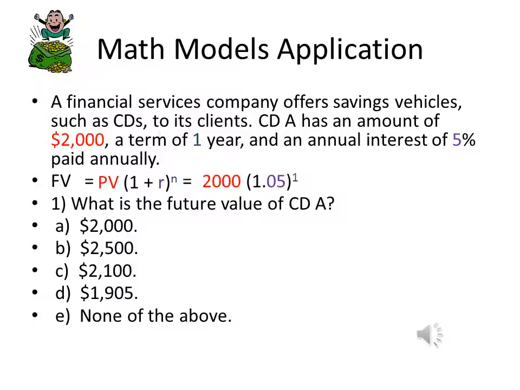Present value will equal 2,000, and when we add 1 plus 5%, we would end up with 1.05, and our exponent will be 1. So basically we don't even need to write the 1 up there because we won't use it. Everything inside the parentheses will stay the same.